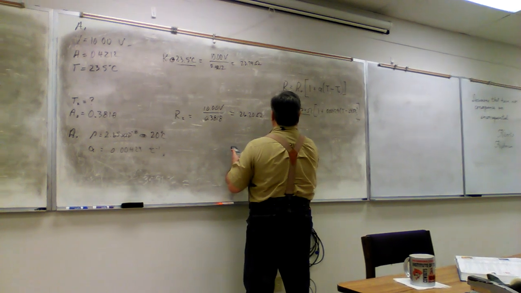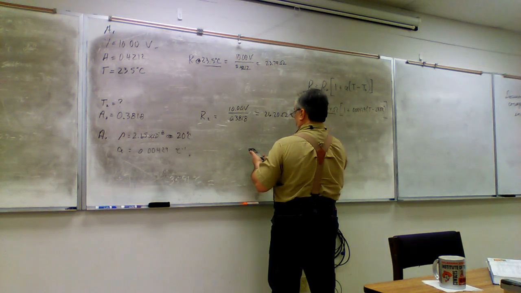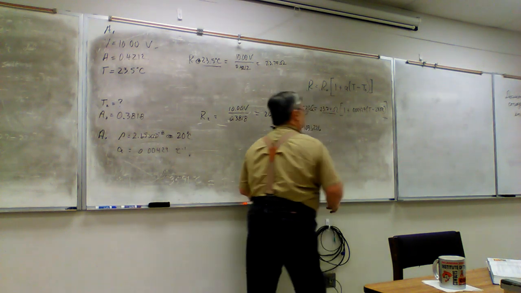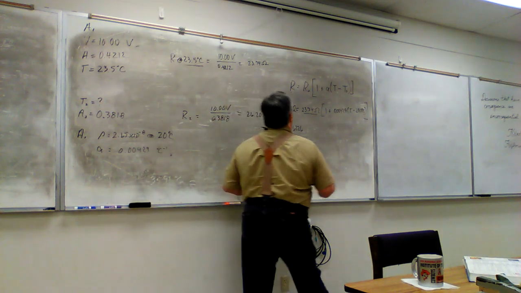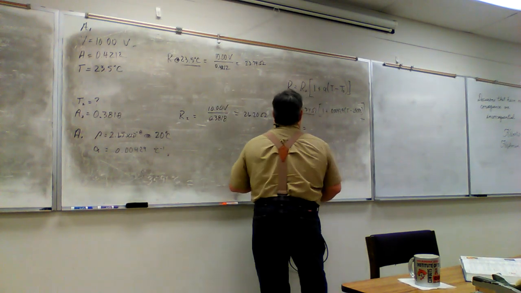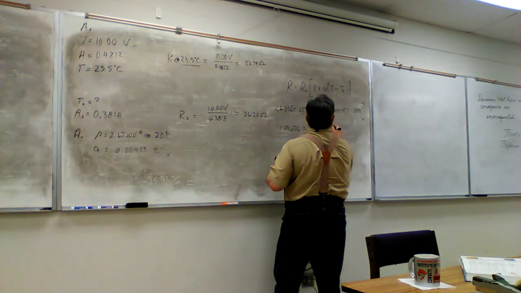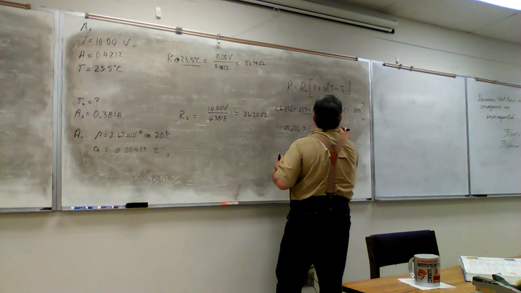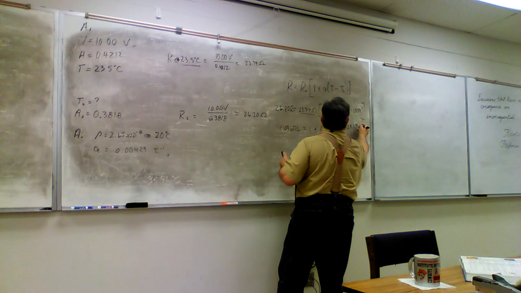We're left with 1.103, and let's keep some extra digits, since we can round to the correct number of digits at the end. That is equal to 1 plus 0.00429 times T minus 23.5 degrees C.